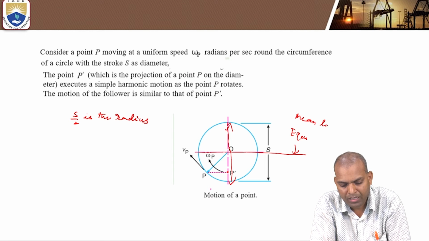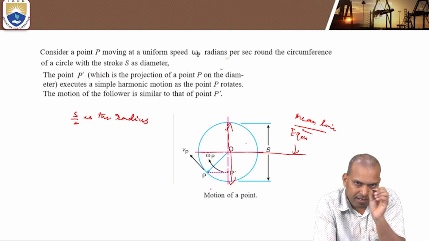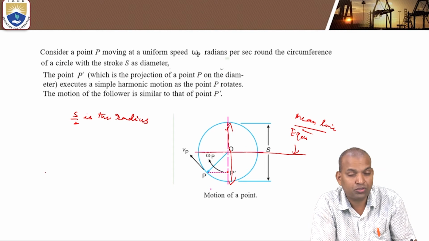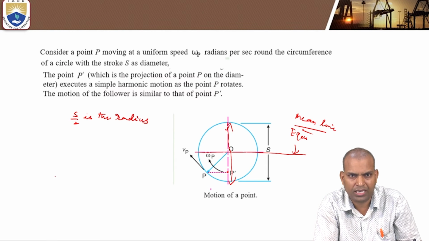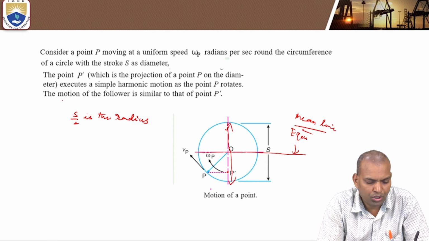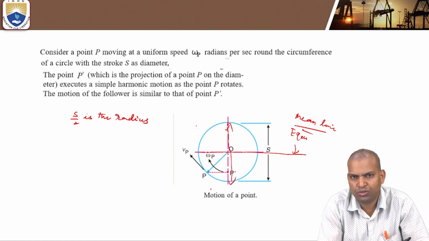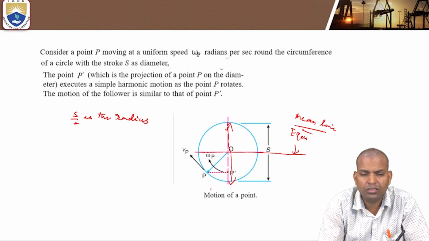So this point moves up and down, and with time, if you draw that curve, it comes out as a sinusoidal curve, that is, in terms of sine or cosine. So if the motion of the follower is similar to the motion of the point P dash, then that follower is having simple harmonic motion.